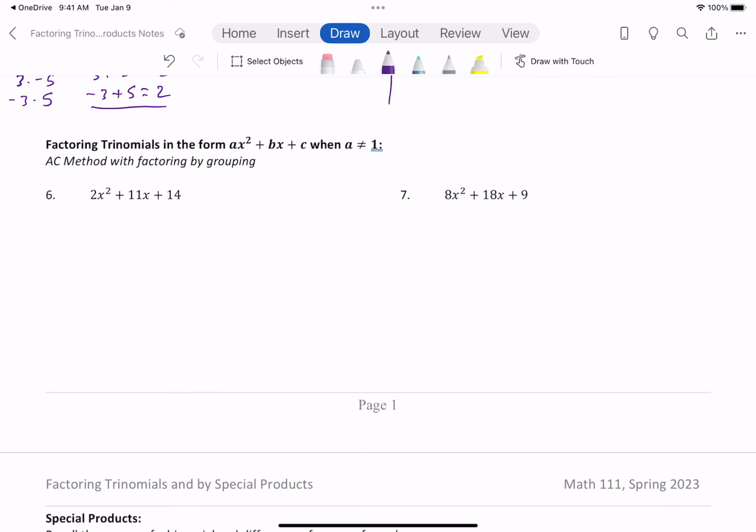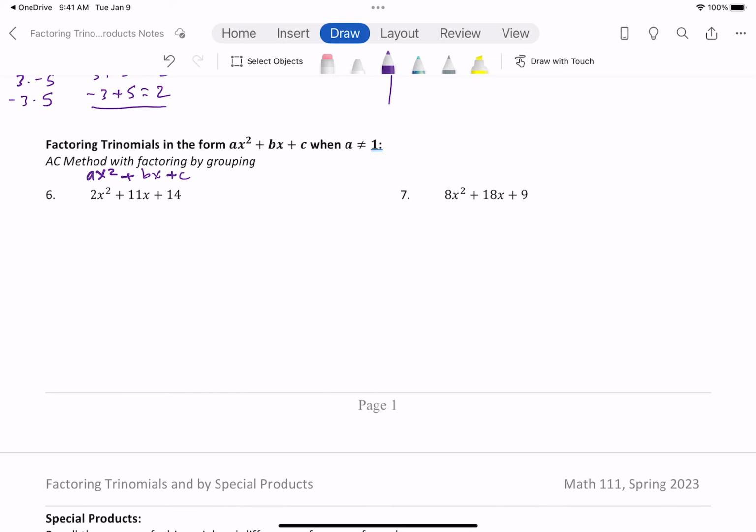So when a is not 1, most of the time we'll go ahead and switch to using what we're going to call the AC method, and then we can use factor by grouping that we learned earlier. So I wrote in my standard form again over my given problem, ax squared plus bx plus c.